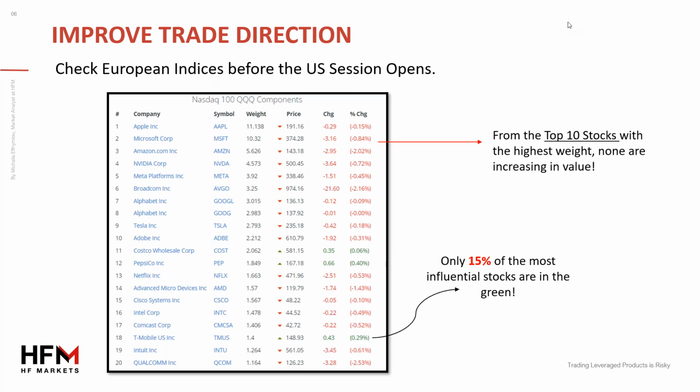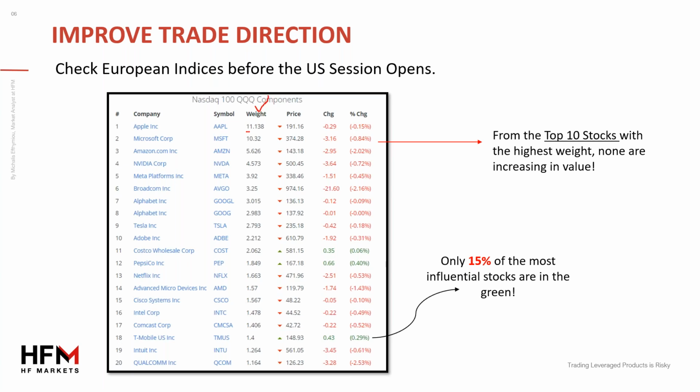Now, a weighted index, ladies and gentlemen, means that each stock within the index has a certain weight, a certain level of influence. So let's say, for example, there's $100,000 within the NASDAQ. You can see here it says weight, and this is weight in percentage.